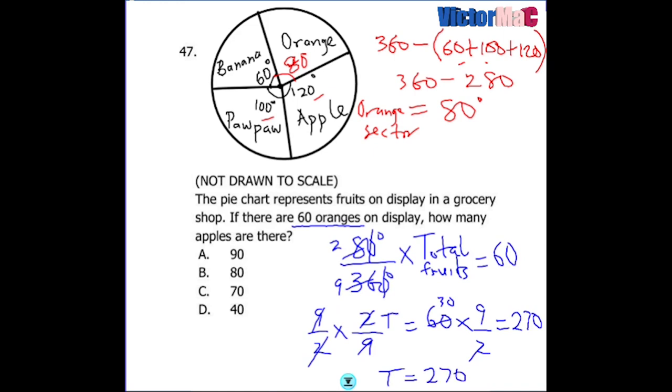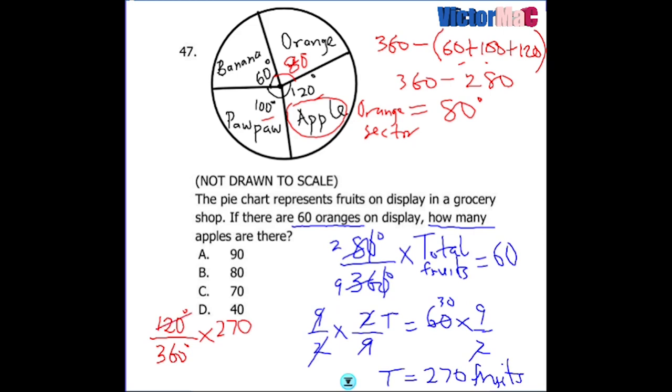Okay, I prefer to write this way, so let me just erase this. All right. So we have 270 fruits in total. Now we have to find how many apples there are. Since we know that the angle for apple is 120 degrees, the apple takes an angular sector of 120 degrees out of 360 of the total number of fruits, and that's 270 fruits.